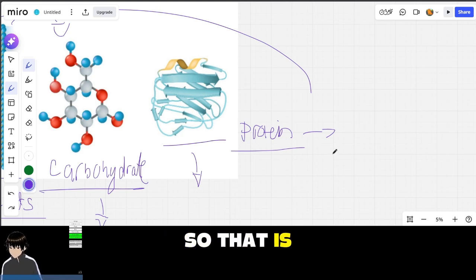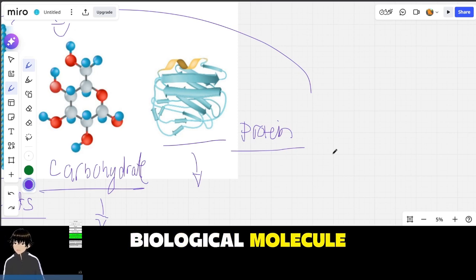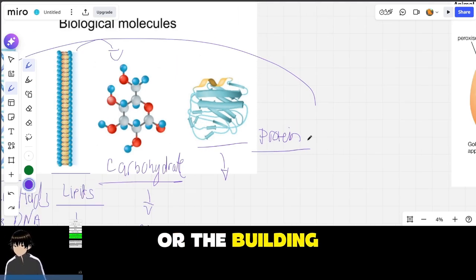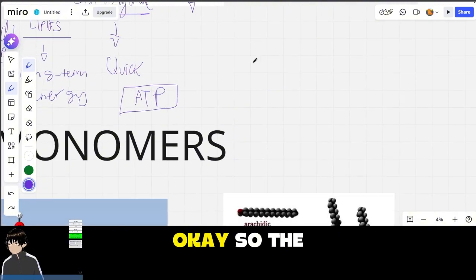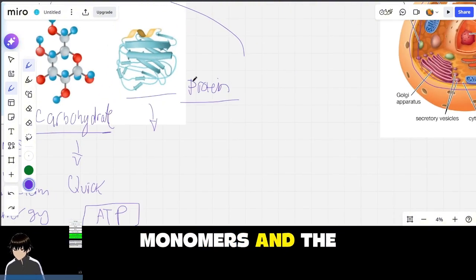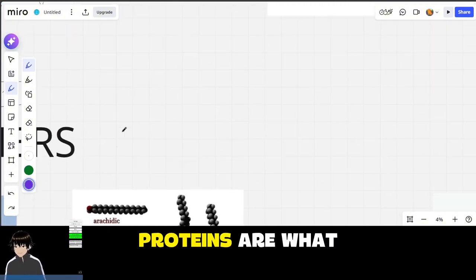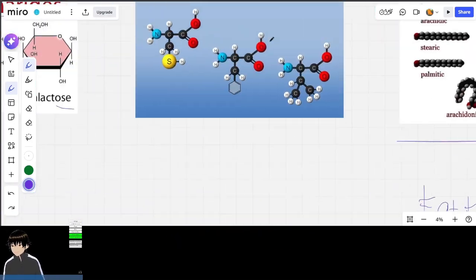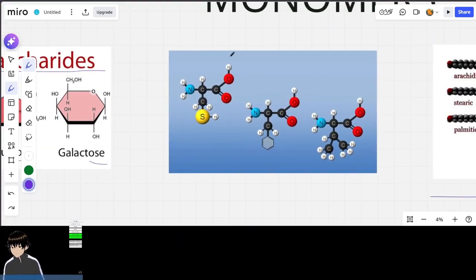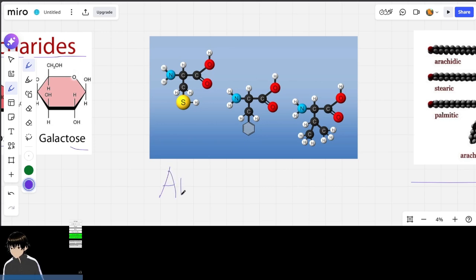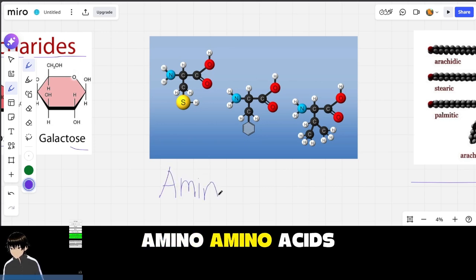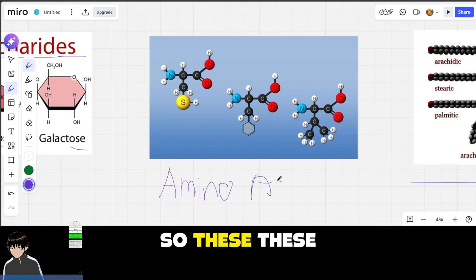So that is the fourth biological molecule. And what are the monomers, or the building blocks, of proteins? The monomers and the building blocks of proteins are what we call amino acids.